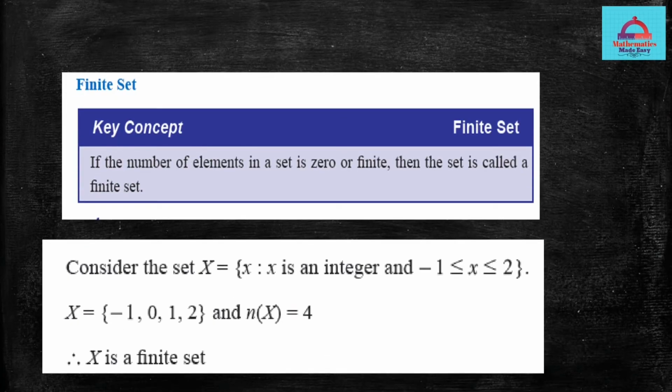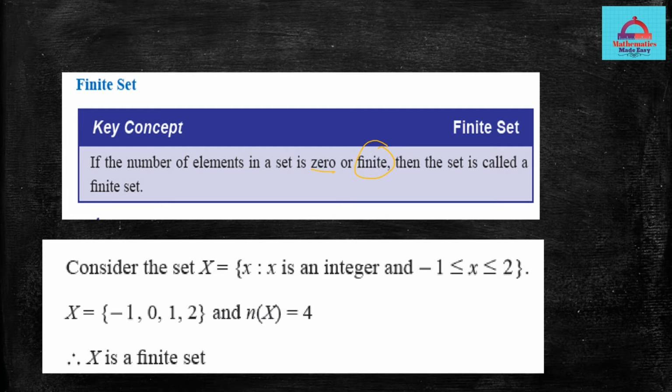However, let's see the last type of set, which is the finite set. As you know already, the name finite itself suggests that it is going to have a countable number of elements. It can be 0 also. In any case we are able to count the number of elements present in that set.